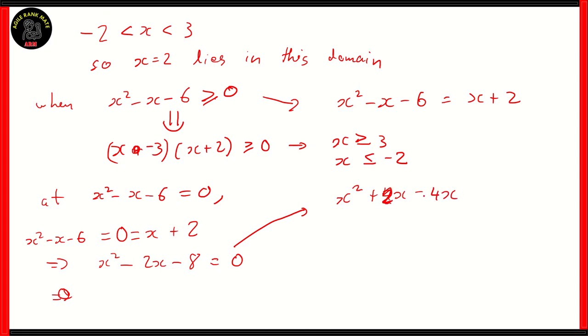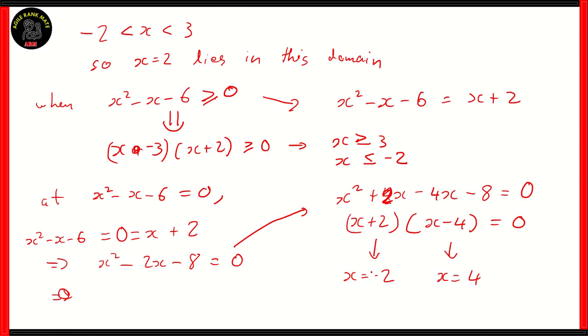That would give us minus 2 when added, and when multiplied that gives us minus 8, equals 0. So you have x plus 2 and the other term would be x minus 4 as equal to 0. So if x plus 2 is equal to 0, then x equals minus 2, and if x minus 4 is equal to 0, then x equals 4.